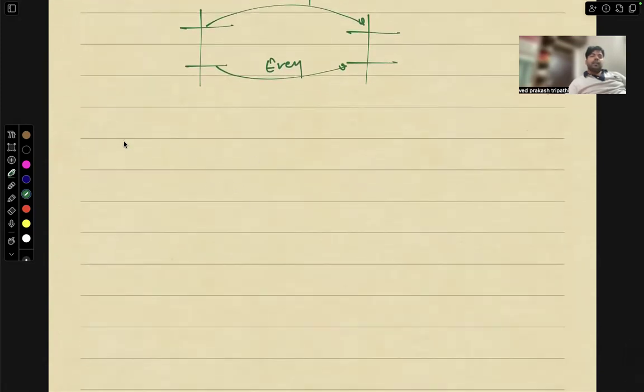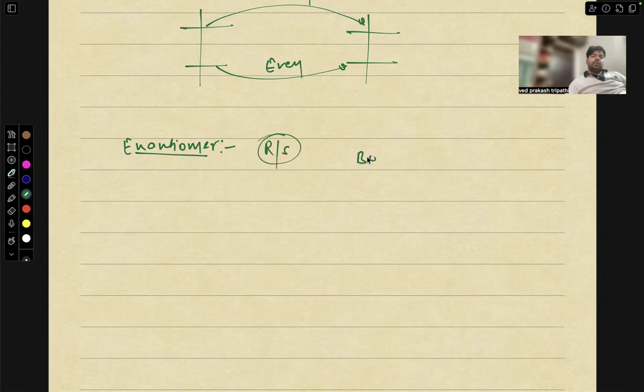Next is enantiomer. RS. So both compounds should have opposite configuration with respect to each chiral center.